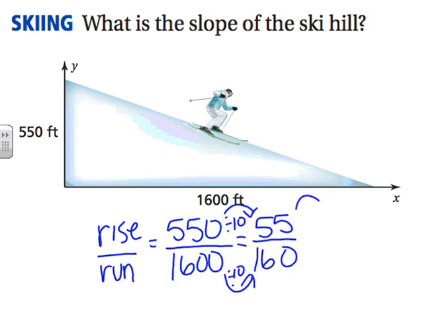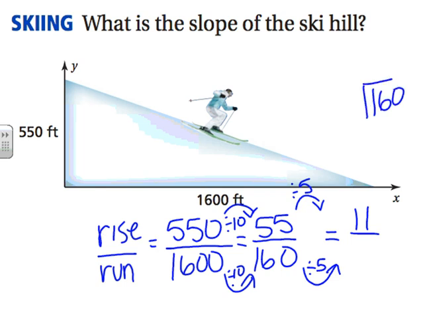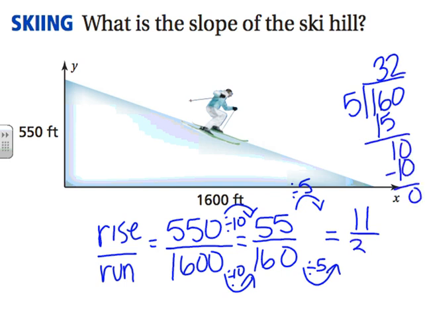And then I could divide by 5 to get 11. And then that one we can work out 160 divided by 5. So that goes in 32 times. So the slope would be 11/32.